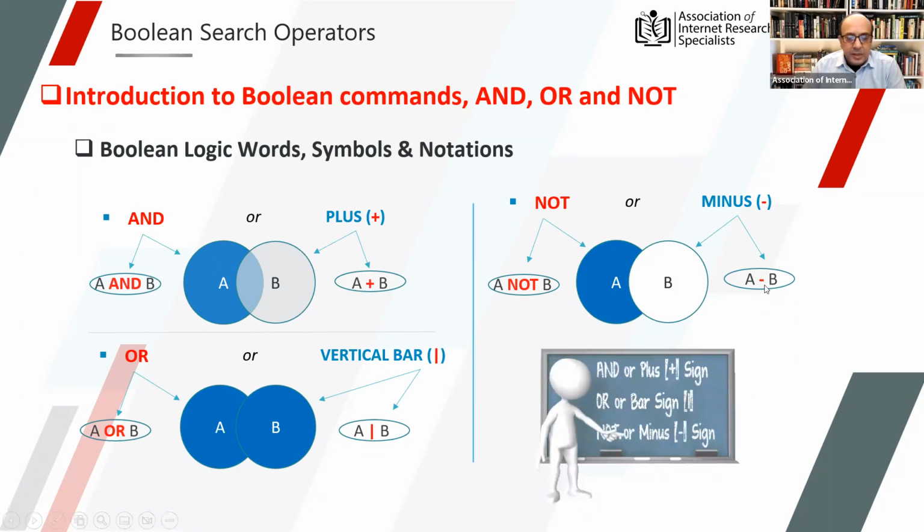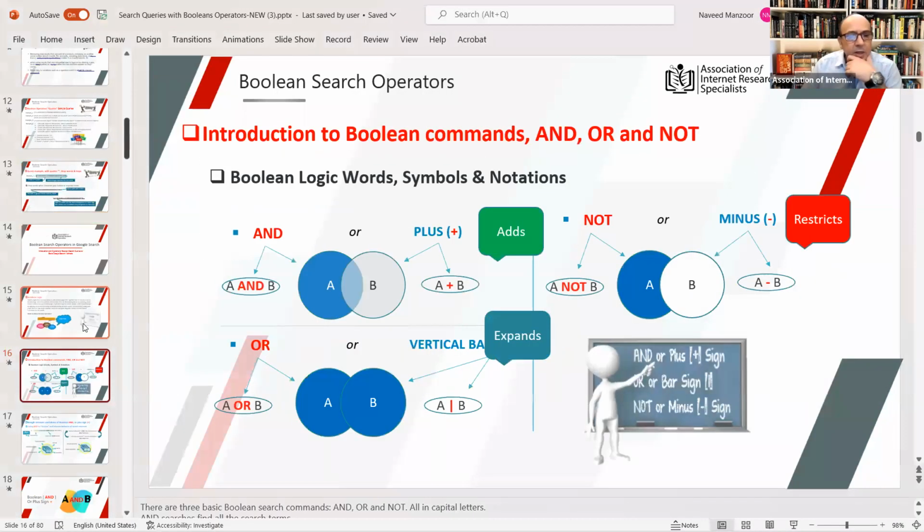And we've dealt with the minus sign before, so you know how to use it, where it needs to actually be hugging or attaching itself to whatever is to be taken out or filtered out. Did I explain the minus sign before, on how the convention works for the minus sign when you use it as a notation versus the word NOT? Did we do that or not?